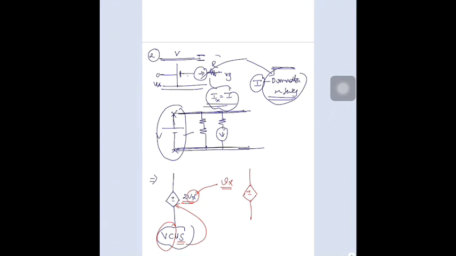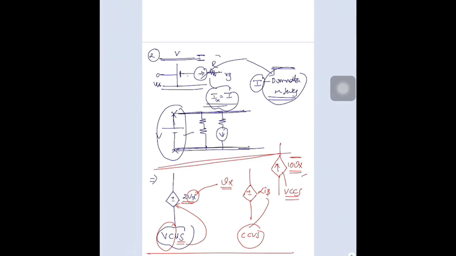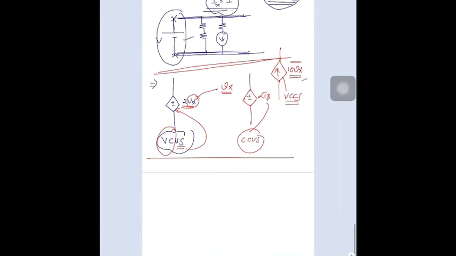Say the voltage here is some alpha into I beta. It is a current controlled voltage source. And a current source of 10 into Vx is a voltage controlled current source, and similarly we have current controlled current source and so on. These dependent sources will come into the picture in DC analysis, where a particular source's value is dependent upon some other element.